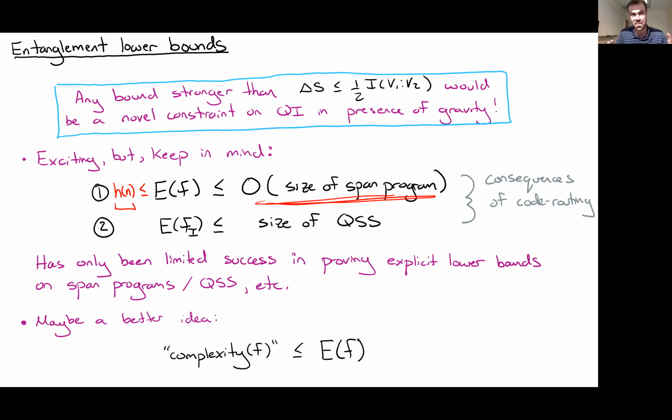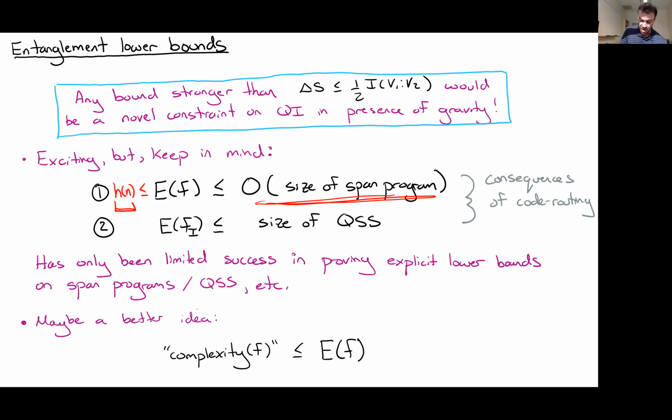That would be the optimist's stance. I think the more pessimistic stance is to say, okay, if we try and prove new constraints on quantum information in the presence of gravity in this form, in terms of an explicit lower bound, then we're running into these hard problems in complexity theory. And maybe we should pick a different direction, right? Because maybe this is going to be a hard thing to prove.